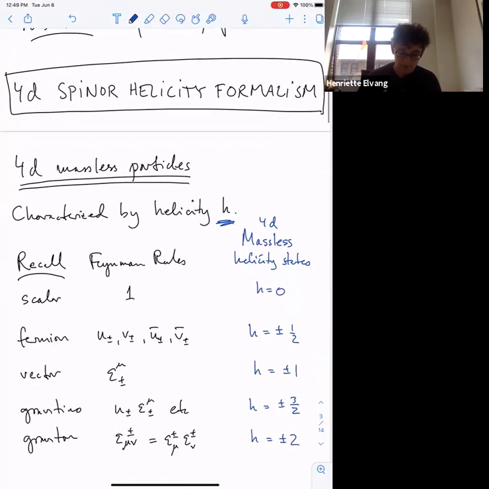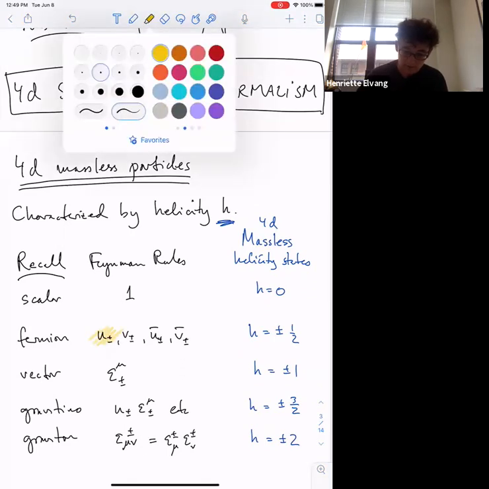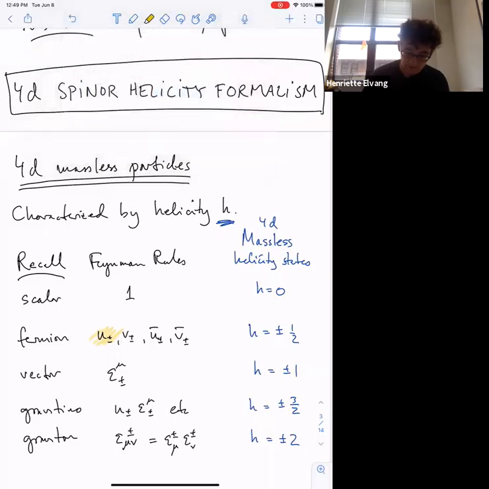Now let's recall some Feynman rules of particles that we know about. Scalars, external rule is 1. Fermions have external wave functions that are typically denoted something like u plus minus and so on. So u plus minus, u bars, and these are for fermions, ingoing and outgoing fermions and antifermions. And we say that fermions are things that have helicity plus and minus 1/2 in 4 dimensions. Then we have vector particles like photons and gluons.